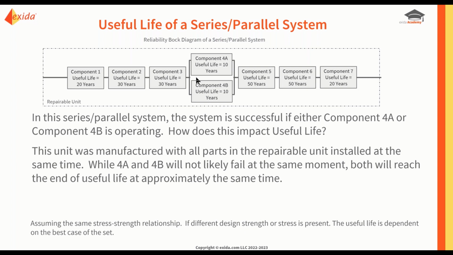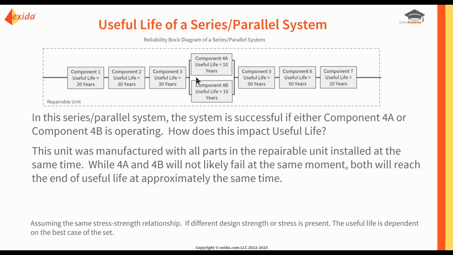All right, let's stop and think. The repairable unit was manufactured with all the parts installed at the same time. This repairable unit is under very similar, if not identical, stress probabilities.